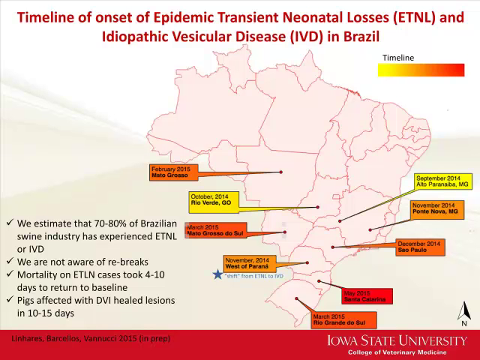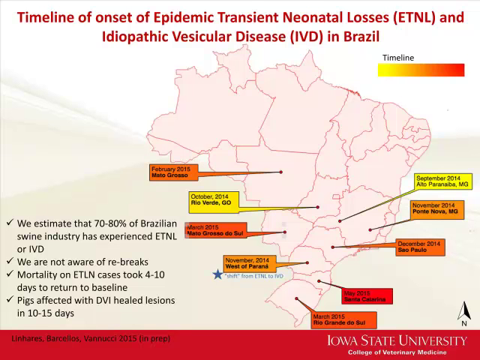Then in this second area of Minas Gerais state, we saw it moving to the state of Paraná, soon after that Mato Grosso do Sul, then São Paulo, then Rio Grande do Sul, and the last state that was infected was the state of Santa Catarina. I'm calling it infected here, but at least they reported the syndrome going on.